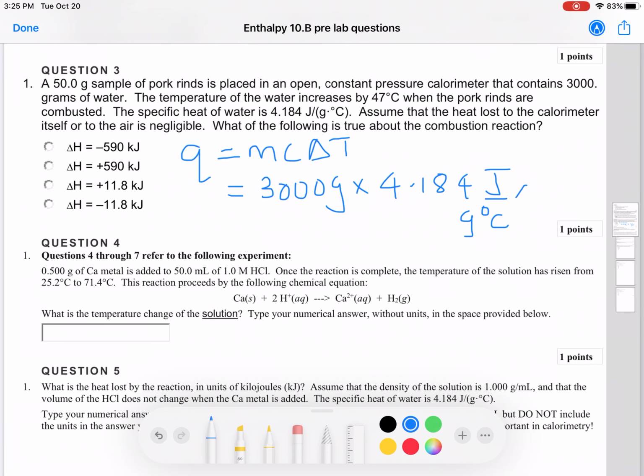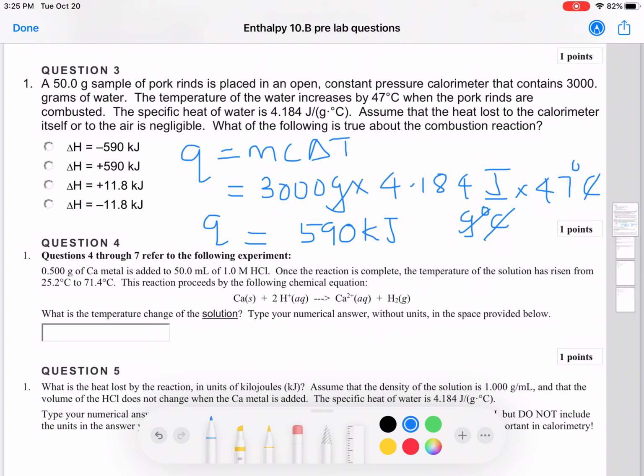The temperature of the water increased by 47 degrees Celsius. So when you solve this, you will get the answer Q, which is the Q water, and when you do the calculation, that would be 590 kilojoules.